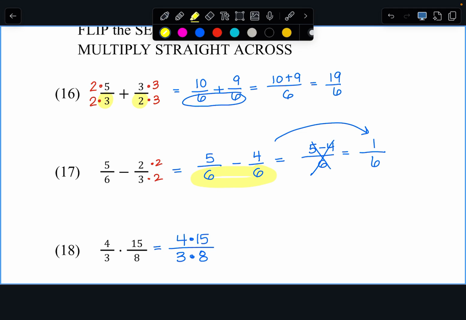If we look at 4 and 8, what can I divide both of them by? 4. Okay, so that gives me 1 and 2. Do you agree there?